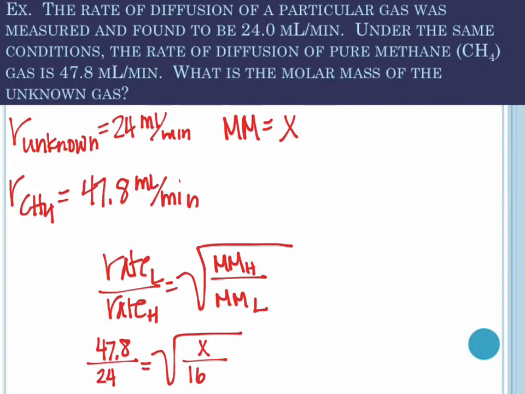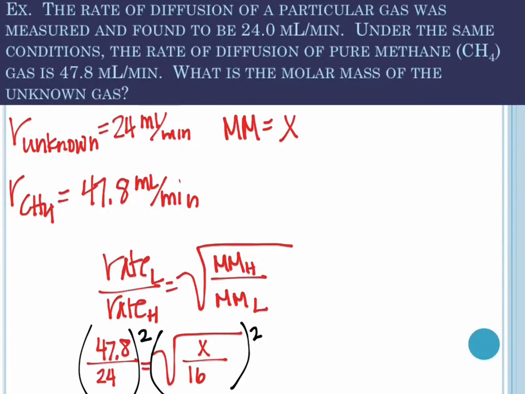Now you have to solve this. So where's my starting point in solving this? Square everything. So we square it and solve for x. When you square this, what do y'all get?